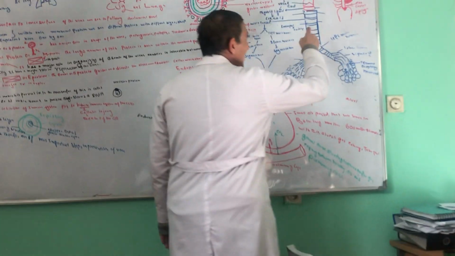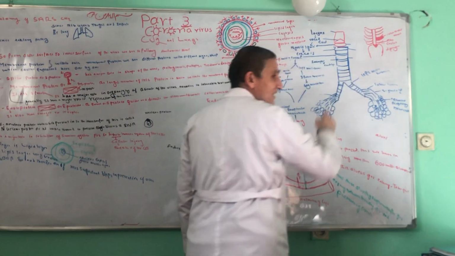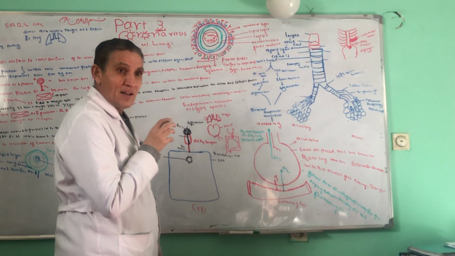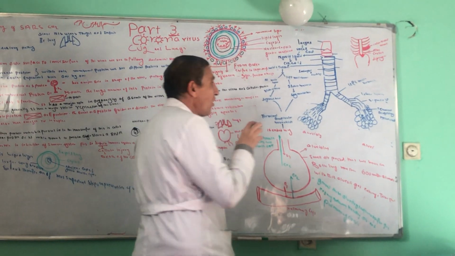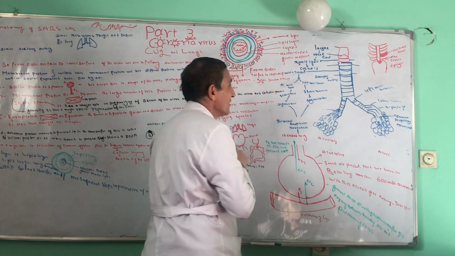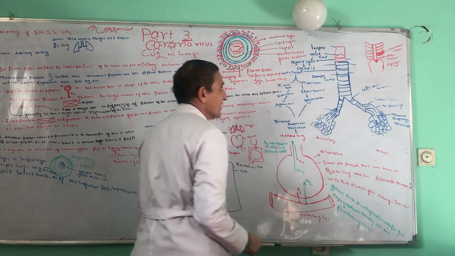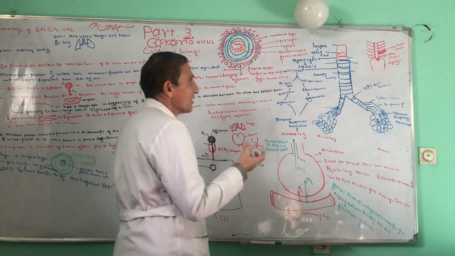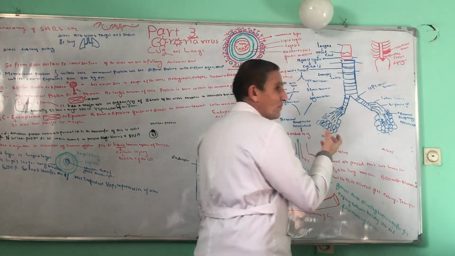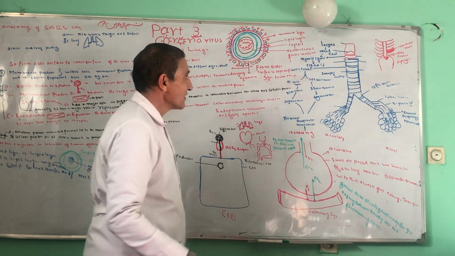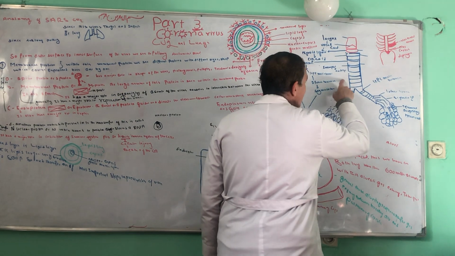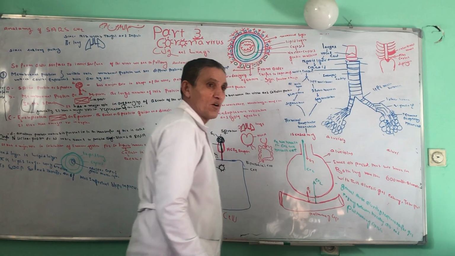This trachea is supported by incomplete C cartilage to keep the trachea open, or patent. This is the function of the incomplete C cartilage. Through this trachea, oxygen comes from the atmosphere into the lungs, and carbon dioxide goes out.